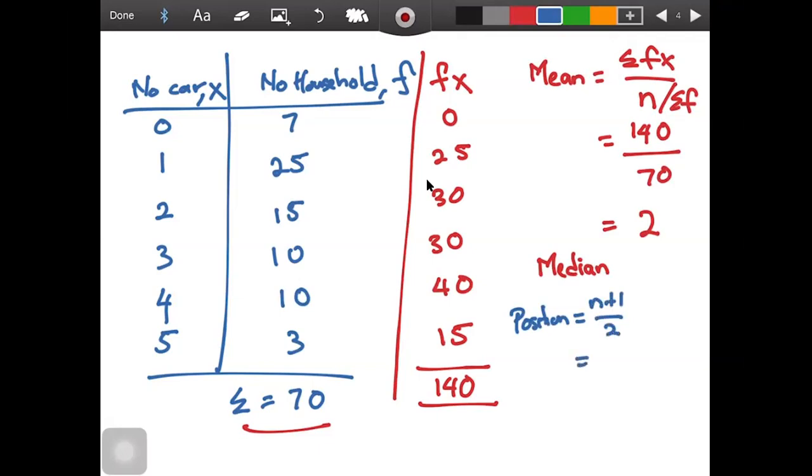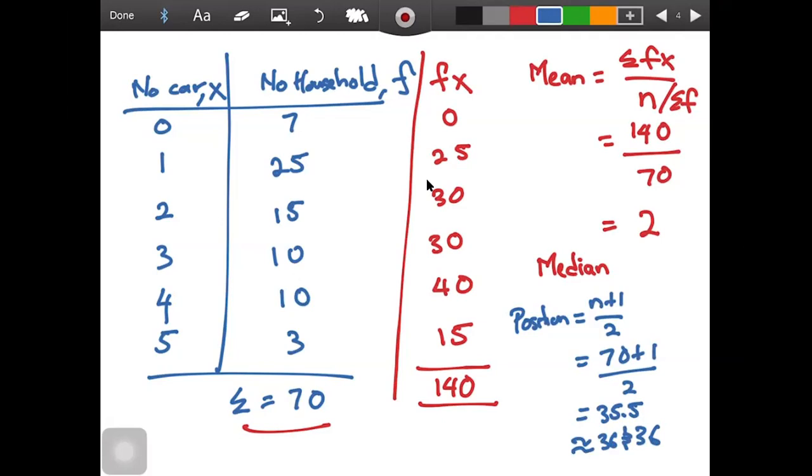So n is the total frequency, 70 sample size, plus 1 divided by 2 will be 71 divided by 2 is 35.5. So it's between 35 and 36. Okay, between 35 and 36.